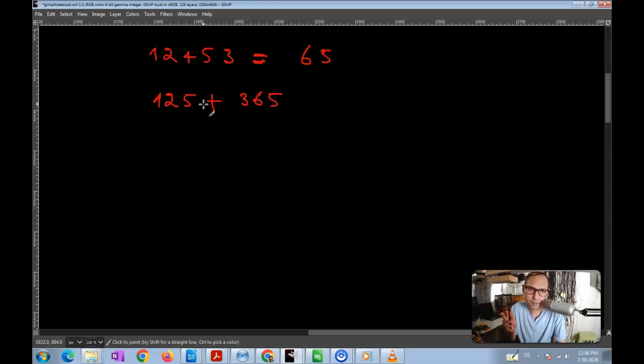So that's 10 groups of 1, which is actually one group of 10. So I write my place values over here: ones, tens, and hundreds. And so I have one group of 10, so I put the 1 over here.